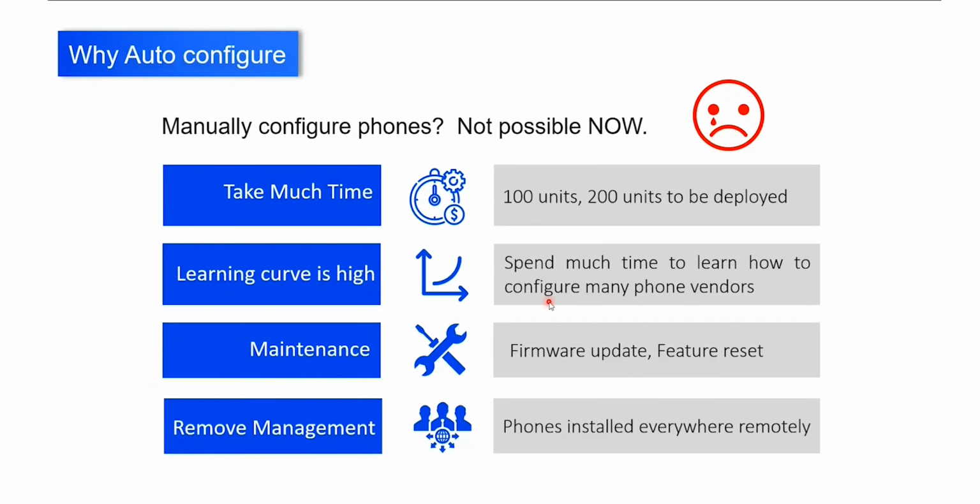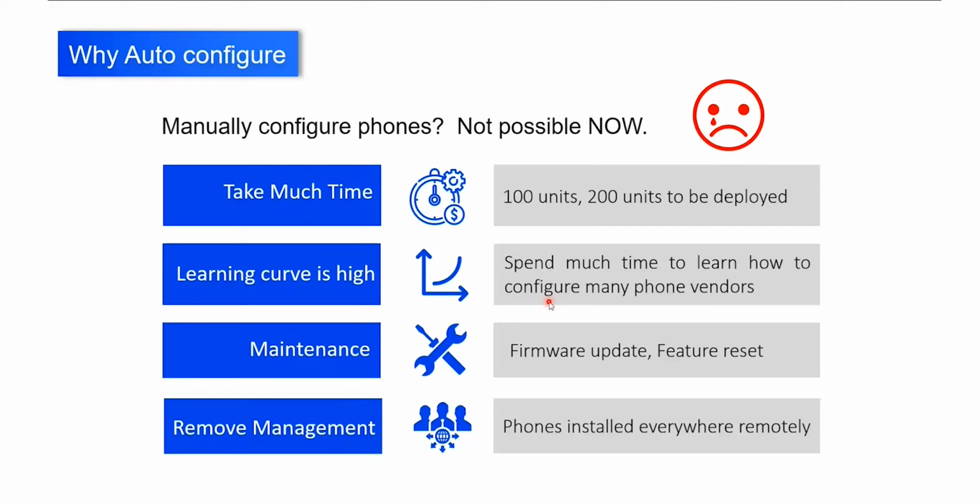So here I list four reasons why you use auto provisioning. If you manually configure the phones, I think it's not possible. In a testing situation or simple work environment, you may manually configure one or two phones. But if you face 100 or 200 phones, it's quite hard, an impossible task for us.